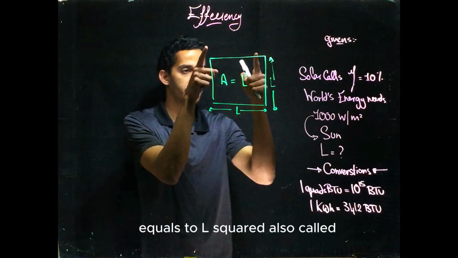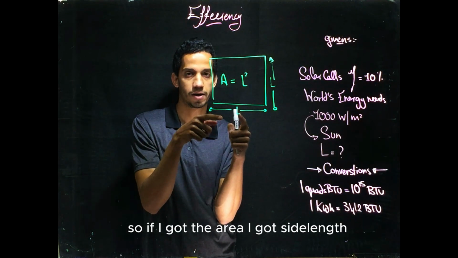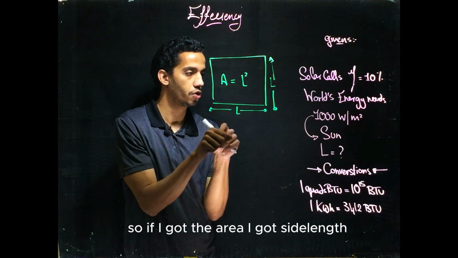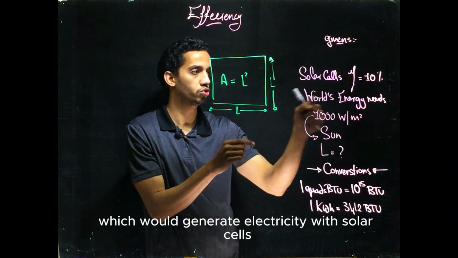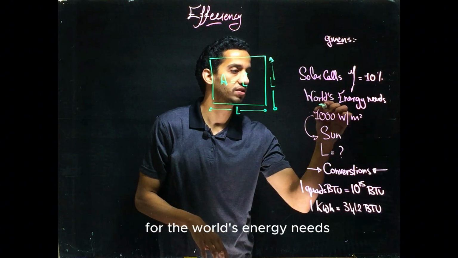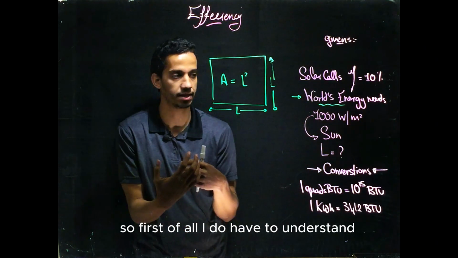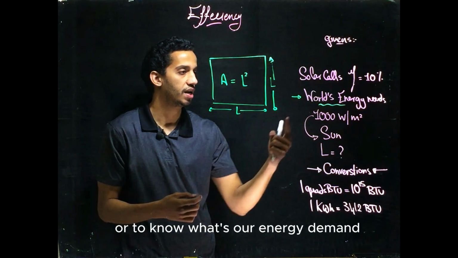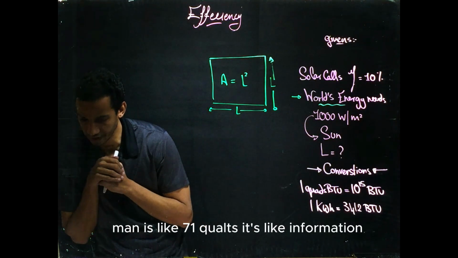What's required is to determine the area, or the side length. If I get the area, I get the side length, which would generate electricity with solar cells for the world's energy needs. First of all, I need to know our energy demand. The world's energy demand is about 71.